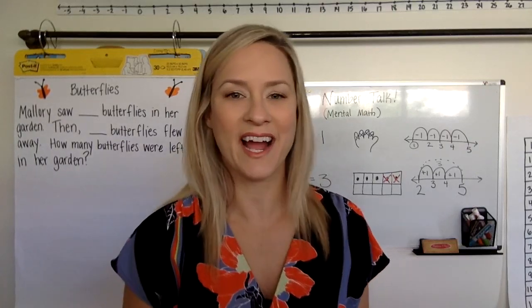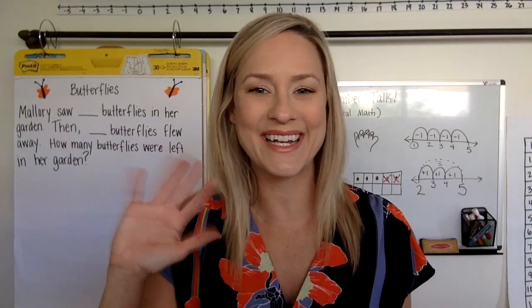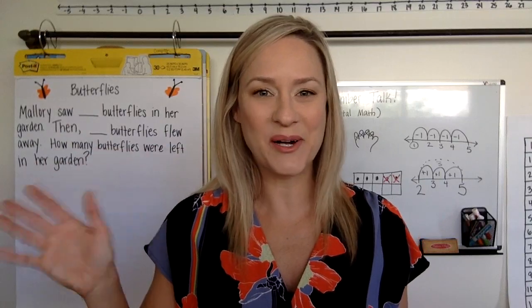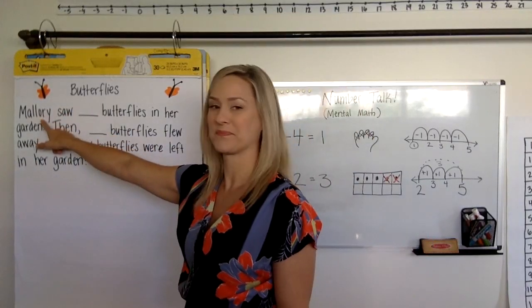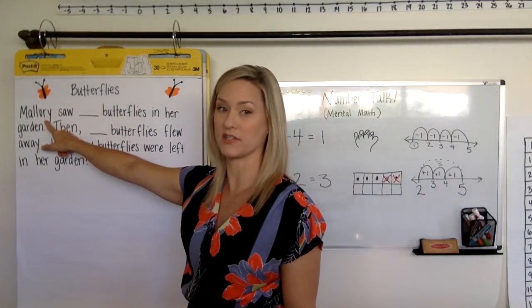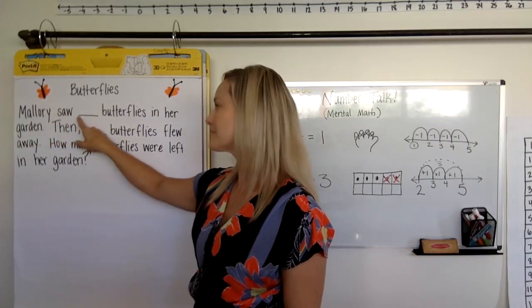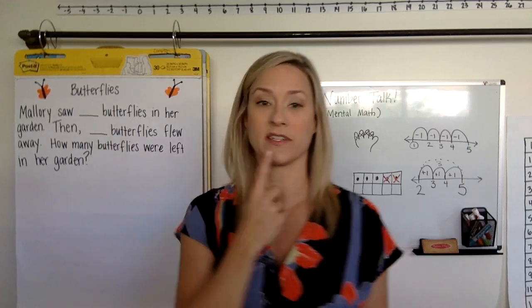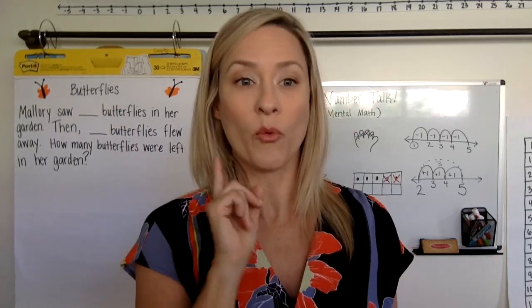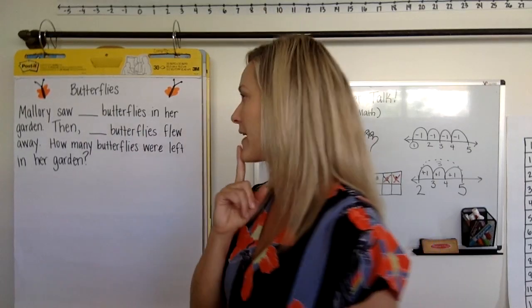All right, so everybody say hi to Mallory. Hi, Mallory. I hope you're having fun at home. All right, so Mallory, you're probably seeing butterflies in your garden too, just like me, huh? All right, so Mallory saw butterflies. Okay, so we know Mallory saw some butterflies. What else do we know for sure? Let's go back and look.